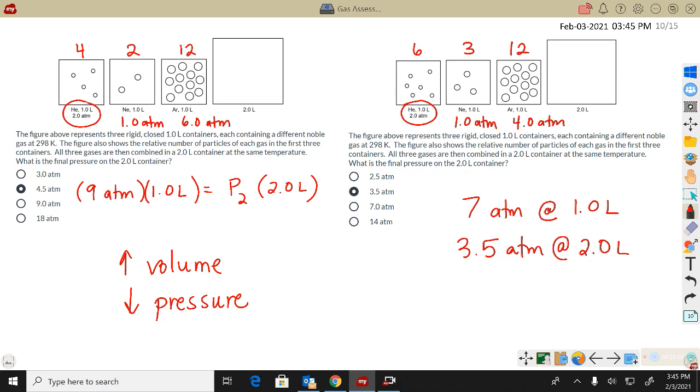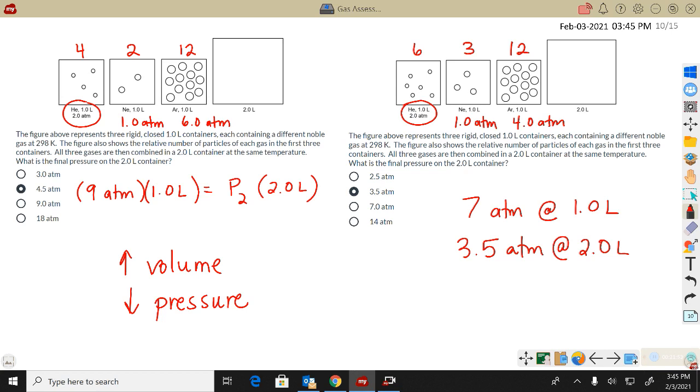So instead of the total pressure being 9, if I added all of those gases to another 1 liter container, the pressure should be half. It should be 4.5. Now 18 atmospheres might be if I put all those gases in a half liter container. Or now if the volume went down by half, the pressure should double.